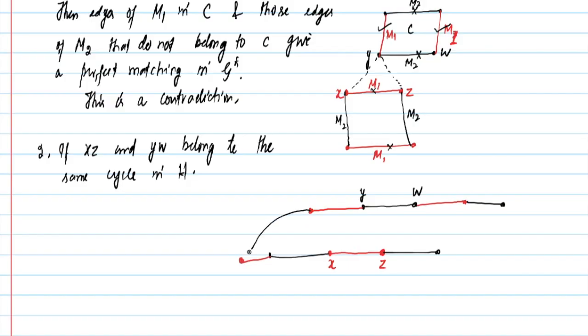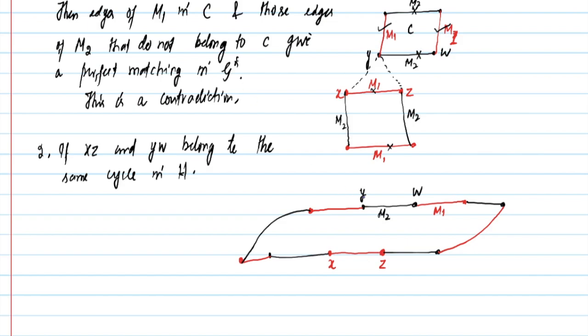Now let's connect this edge here, and this edge here. So we can have this kind of situation, a cycle that contains both the edges YW and XZ. Now we are using these as M1 edges and the black colored edges as M2 edges.